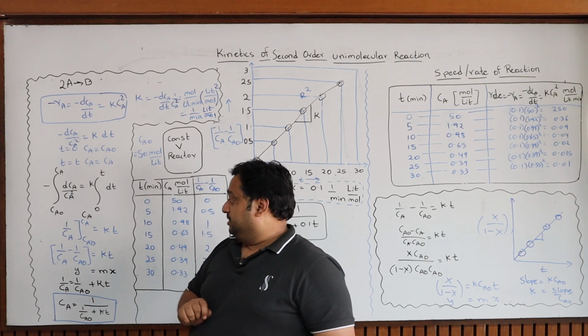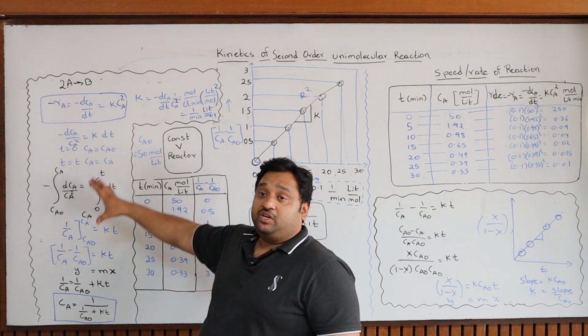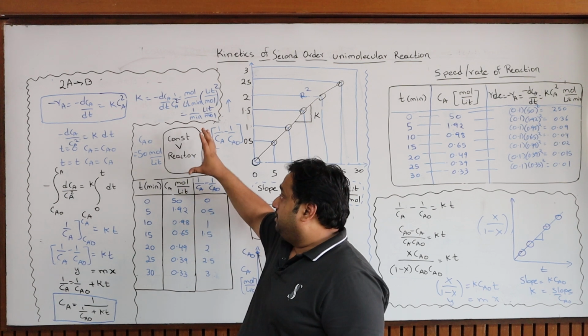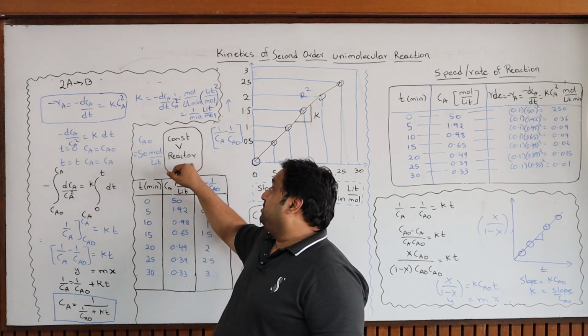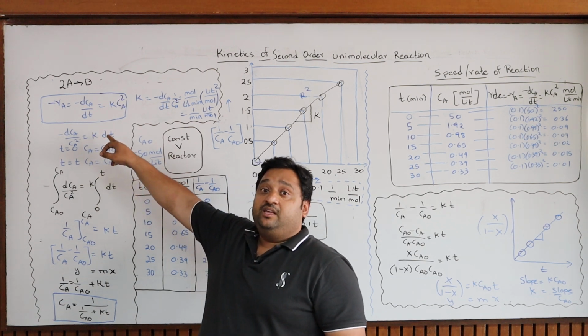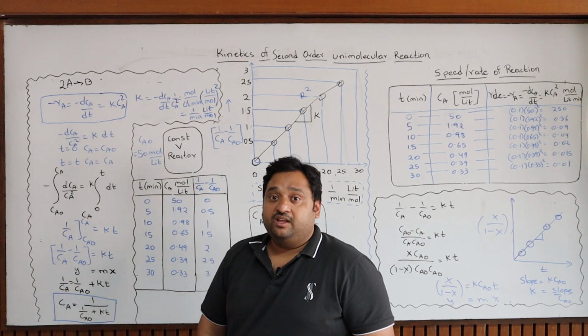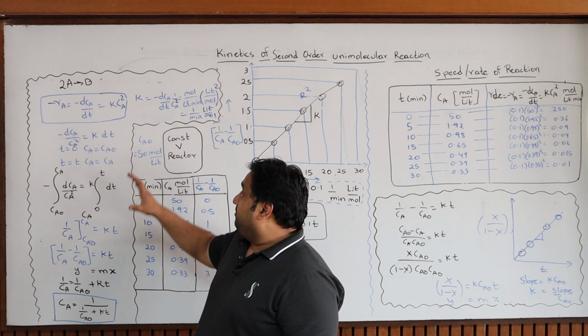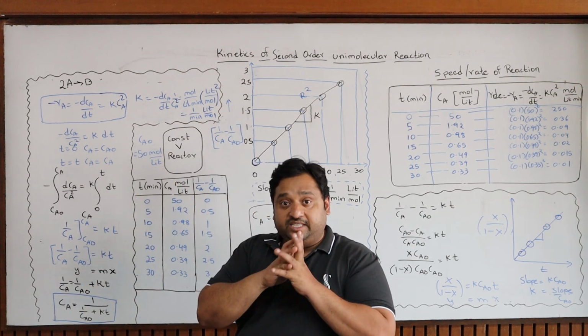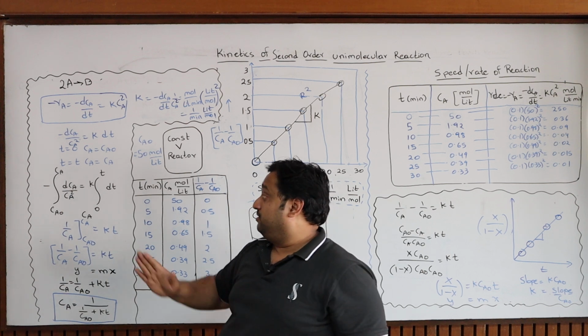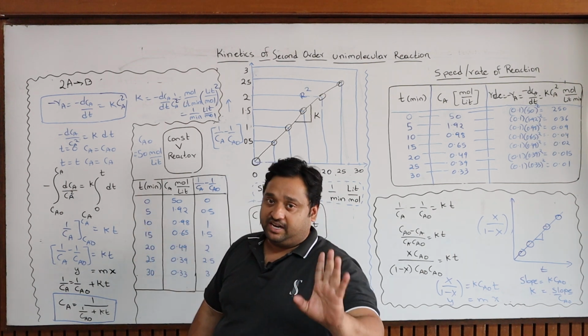That means, for example, there are some experiments I have conducted in this batch reactor. I have to prove that whatever experiments I have conducted, the unimolecular second order reaction is valid. If the experiments and the model are both saying the same thing, that means the model I have assumed is correct.